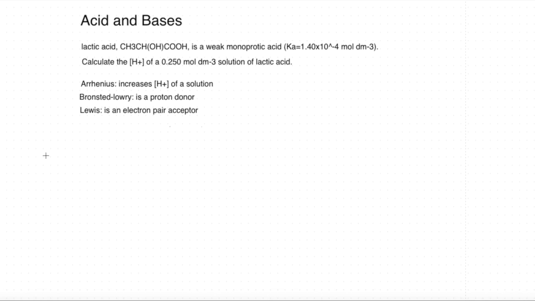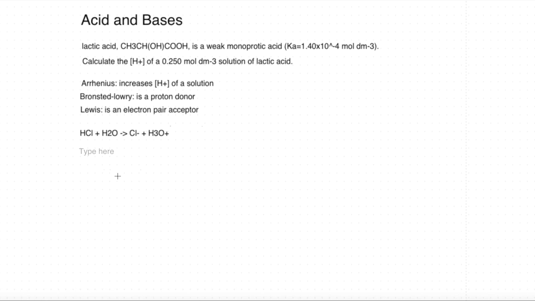If we take the Bronsted-Lowry definition of acid, HCl is going to react with water to give a proton to the water, resulting in Cl minus and a hydroxonium ion, which is basically the proton.